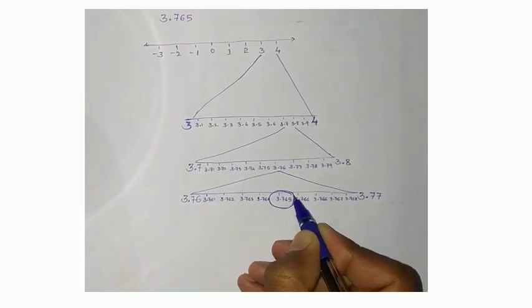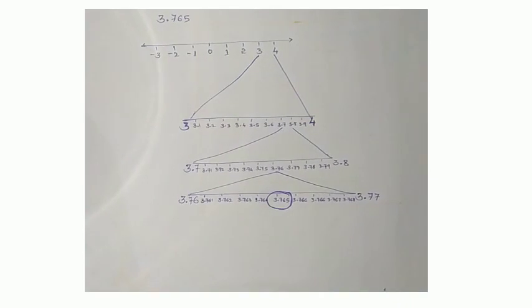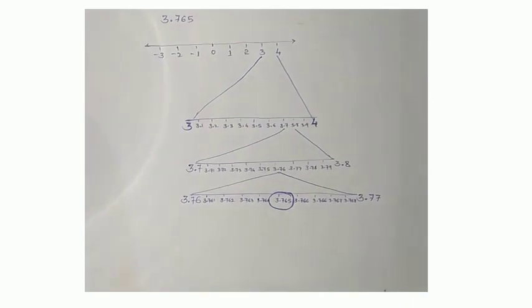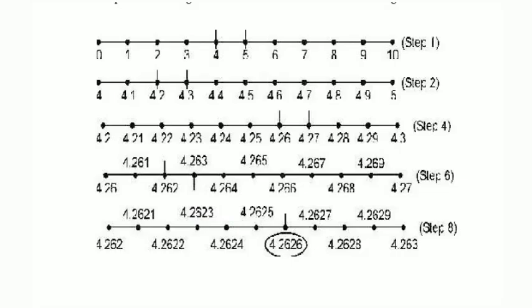So this is our answer, 3.765. Like that, visualize the second problem also, that is 4.26 up to 4 decimal places. Here I directly gave one answer. Try to analyze that and practice it yourself.